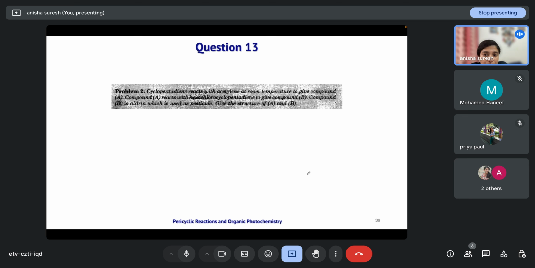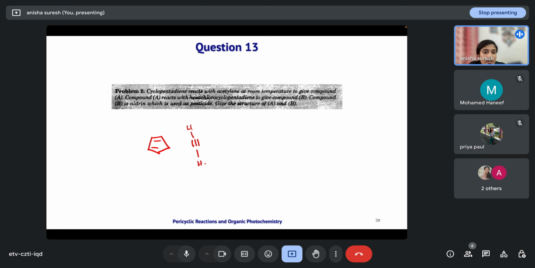Now coming to the next question. Cyclopentadiene reacts with acetylene at room temperature to give compound A. So this is cyclopentadiene and this is acetylene with two hydrogens.